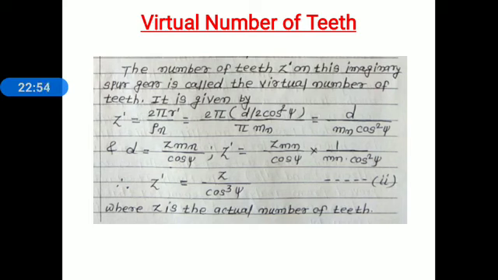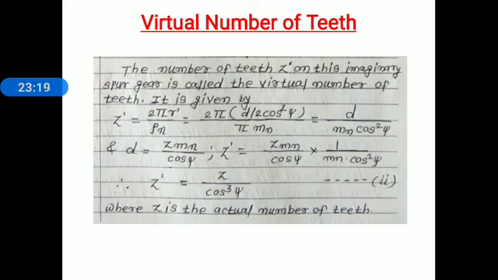We know the expression for the pitch circle diameter of a helical gear, d is equal to z mn divided by cos alpha, and this expression is substituted in the above expression. Therefore z dash is equal to z mn divided by mn cos square alpha into cos alpha.